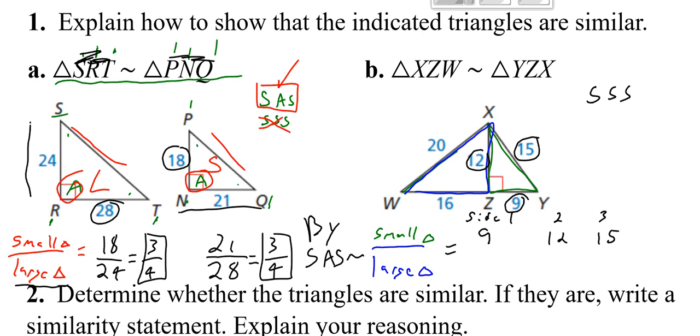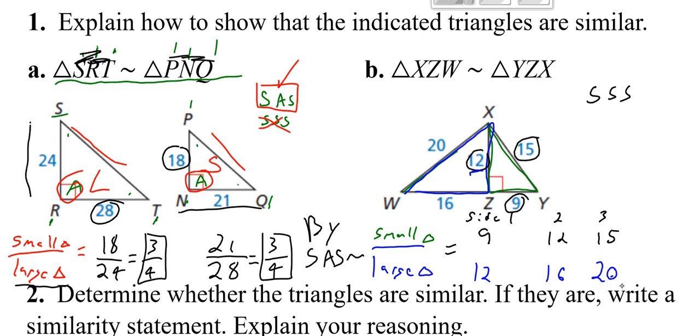Now for my large triangle, the one in the blue, my smallest side is 12, and my next size is 16. My next largest side is 20.